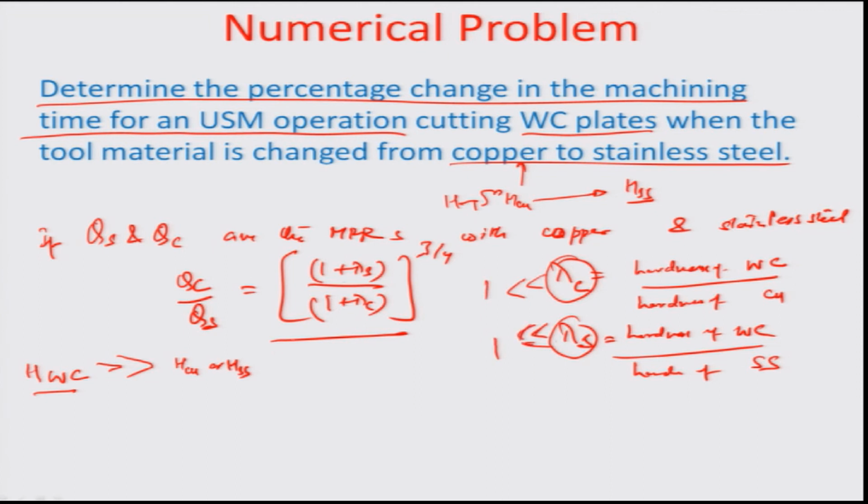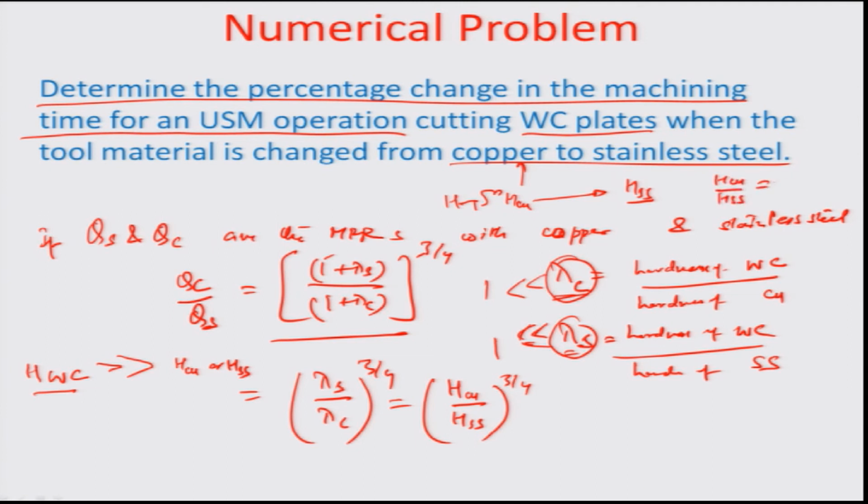I can actually replace this by just the ratio lambda s by lambda c, neglecting the 1 term, since it is much greater in comparison to 1, to the power of 3 by 4. So this becomes effectively equal to the hardness of copper by the hardness of stainless steel, to the power of 3 by 4. We already know from common literature that the hardness ratio of copper to stainless steel is about 1/3. Stainless steel is about 3 times harder than copper.